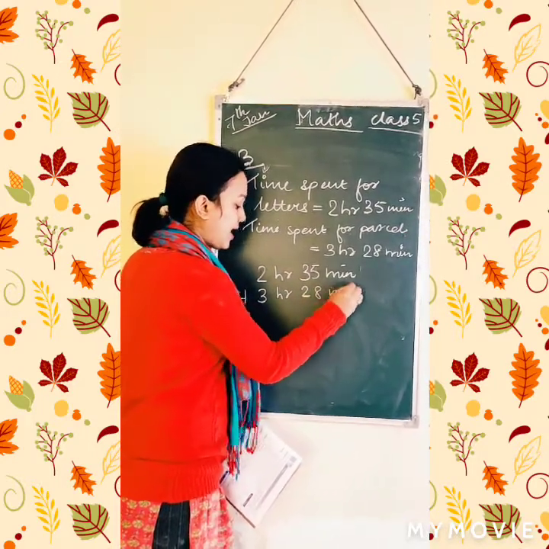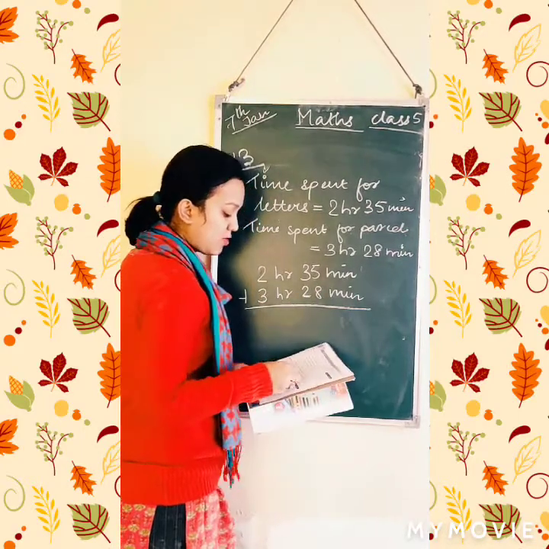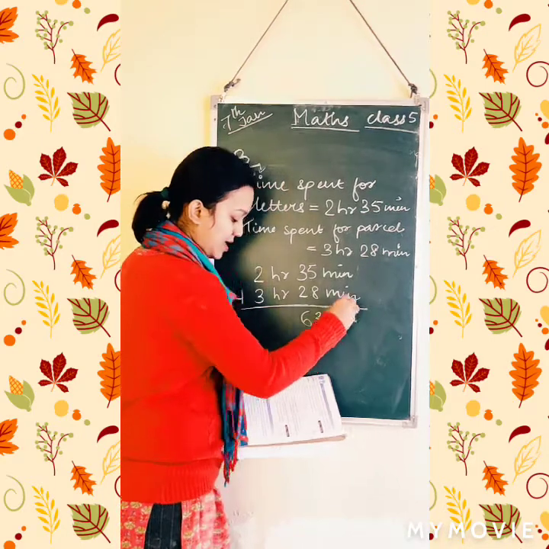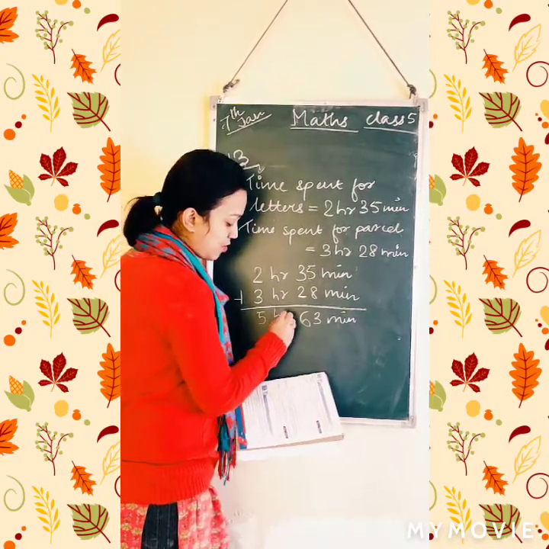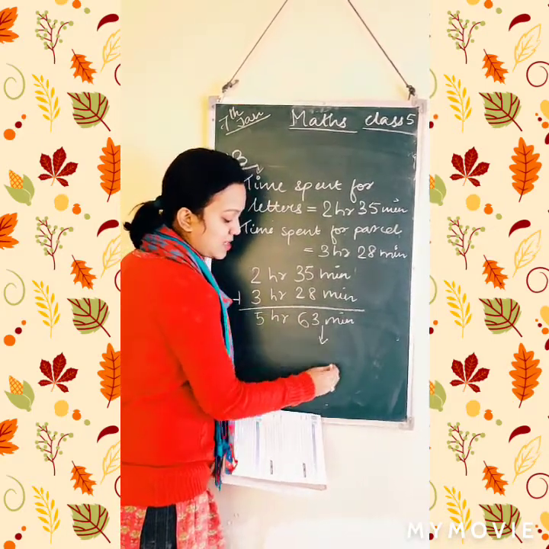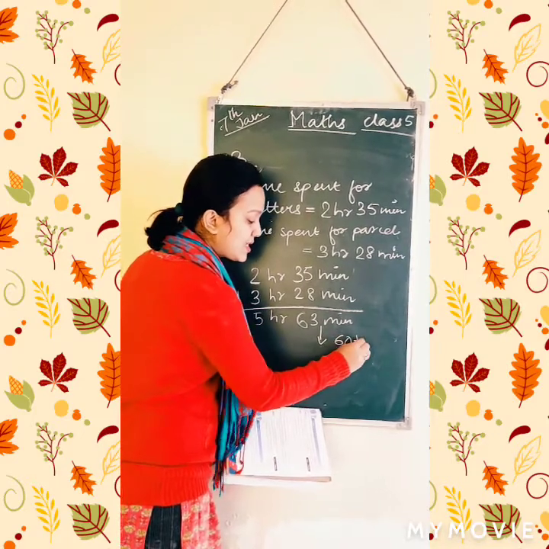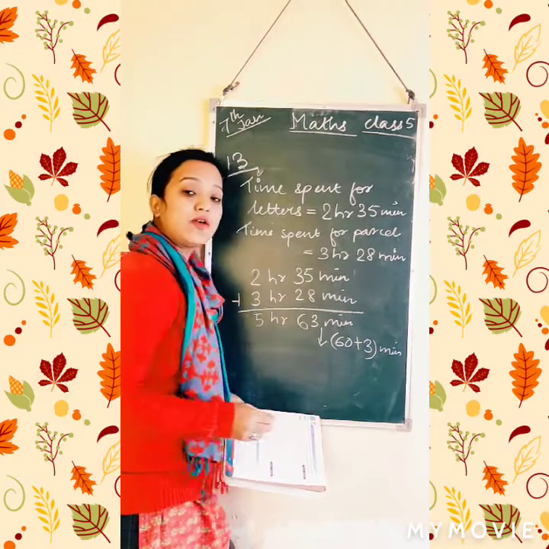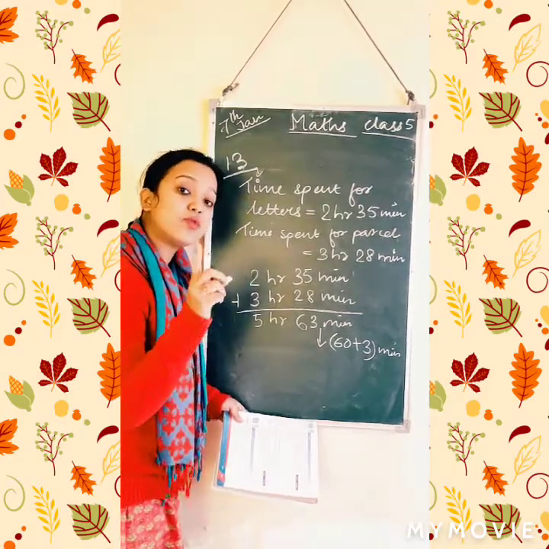Now if you add, what do you get? When you add, you get here 63 minutes and 5 hours. Yes or no? But this 63 is nothing but 60 plus 3 minutes. Correct? And we know 60 minutes is equal to 1 hour.